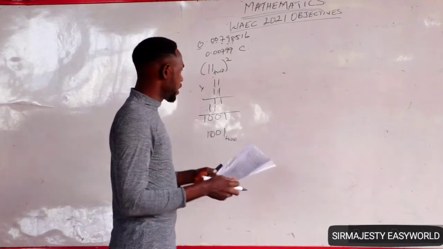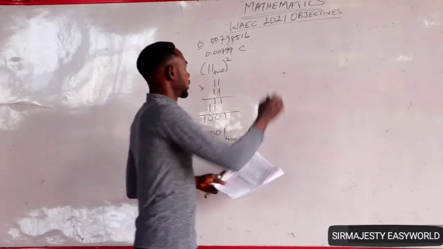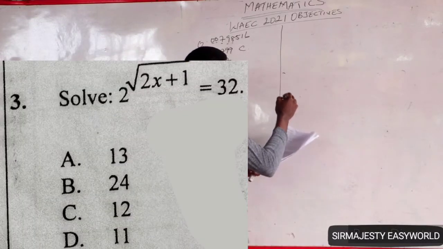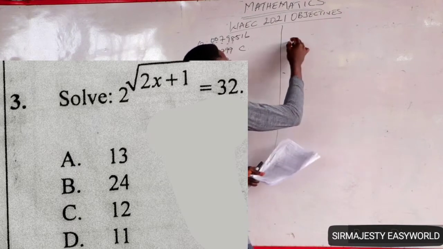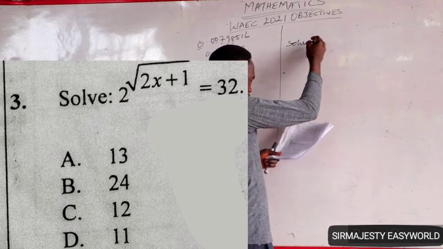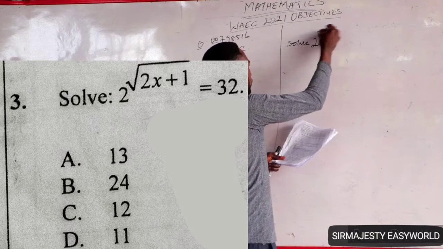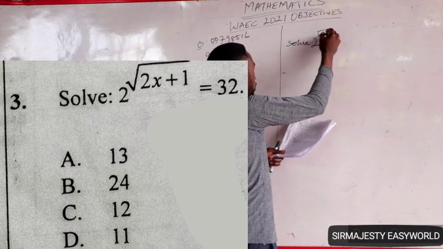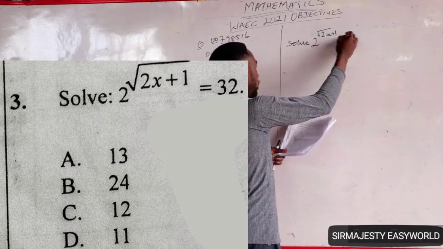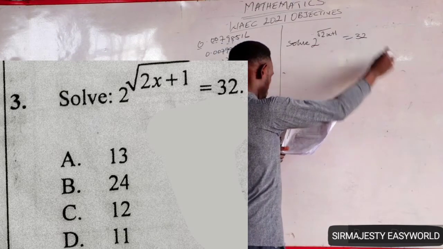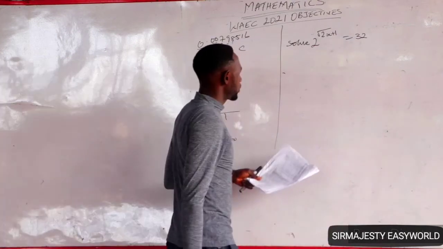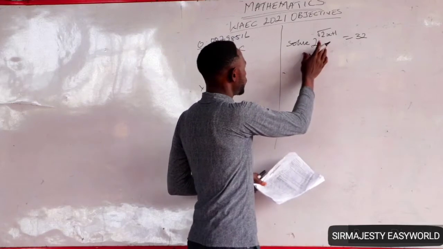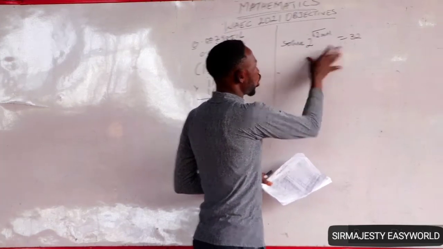Okay? Then the next question, question number 3, is to solve 2 raised to the power 2x plus 1 equal to 32. We will be using a lot of indices here. We'll develop it into a common base.